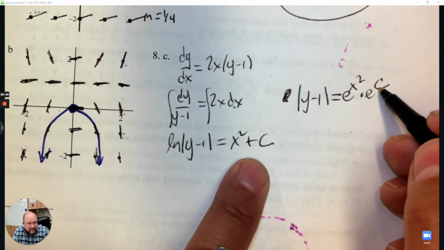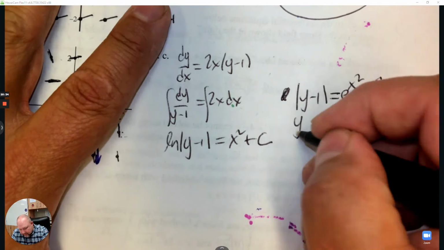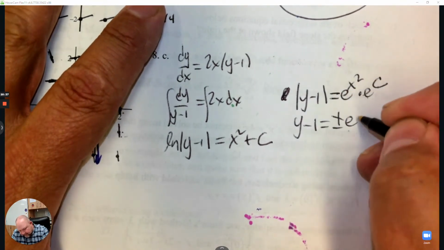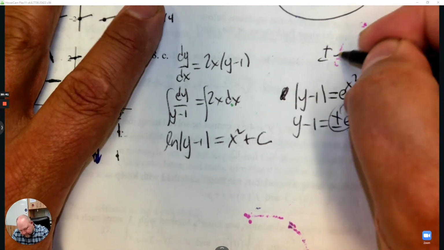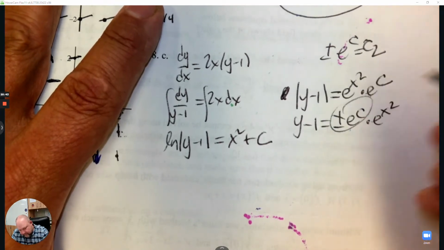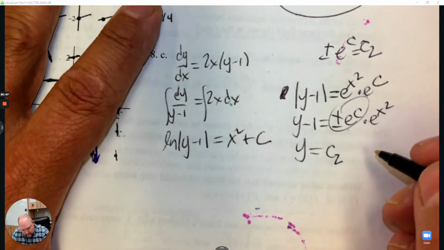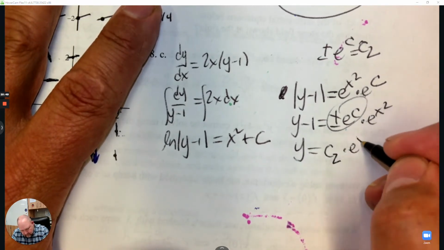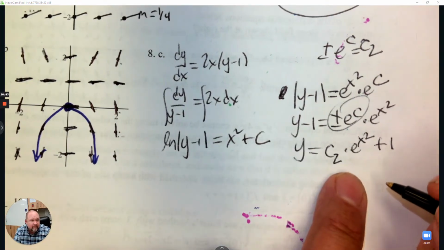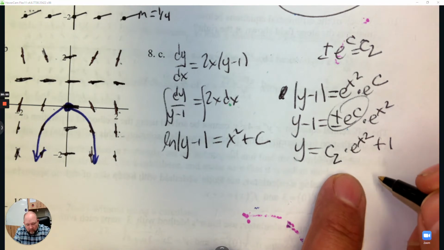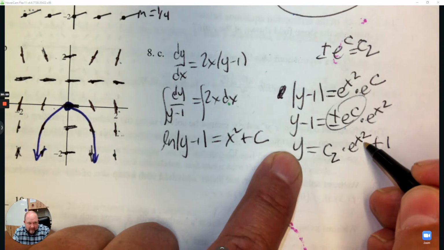I write this as e to the c instead of adding. And then when I remove the bars, I can replace that whole constant. And then add 1 to the other side. So there it is. Then through the origin, I would plug in 0 for x and 0 for y.